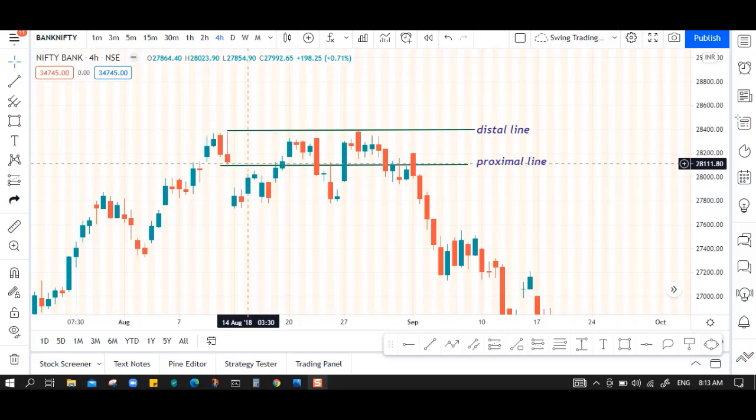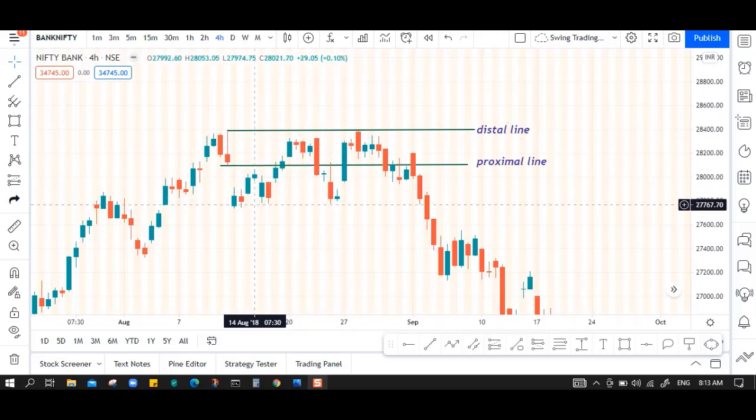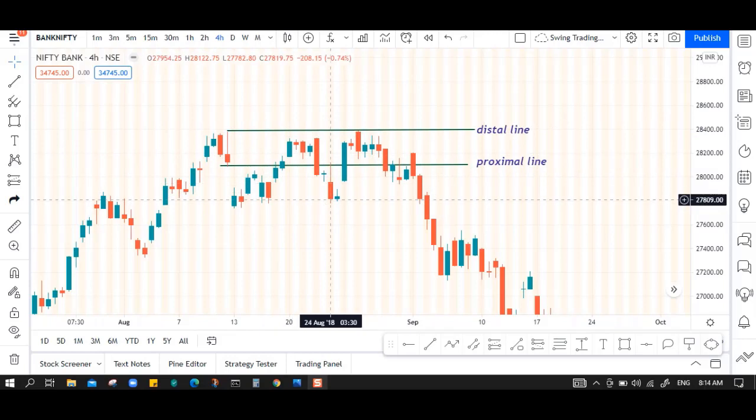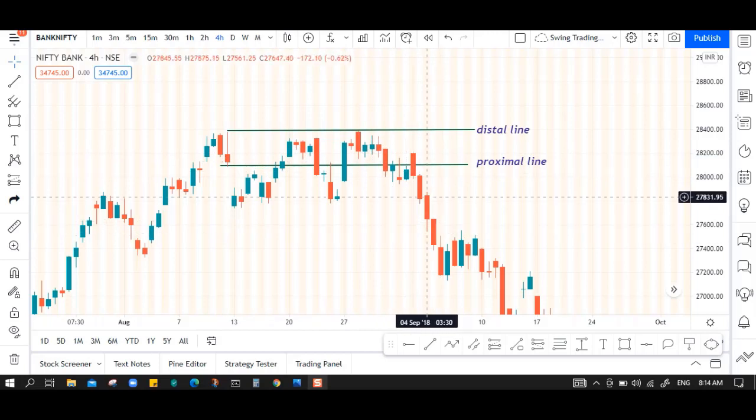When the market tests this zone, there is a high probability that the market will go down. See, the market tested this zone and went down. Tested here again, consolidated for some time, and again it went down. See how big a fall. So this is definitely a strong supply zone.